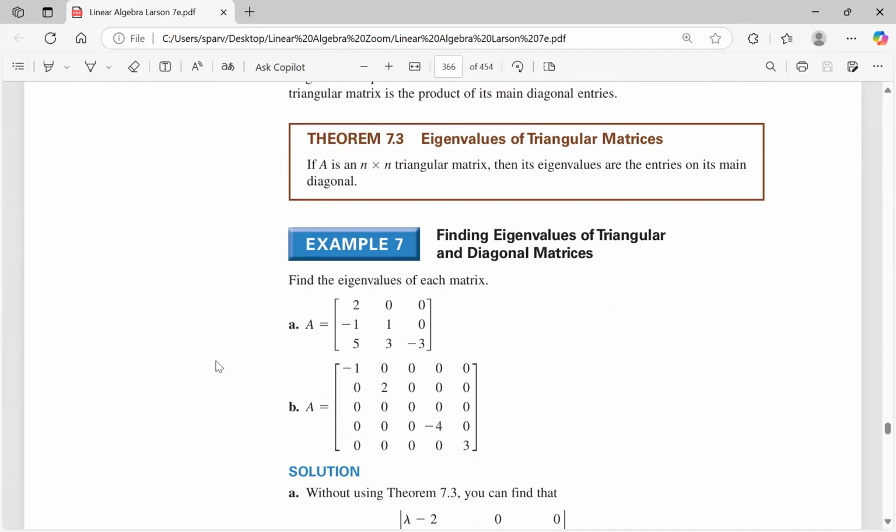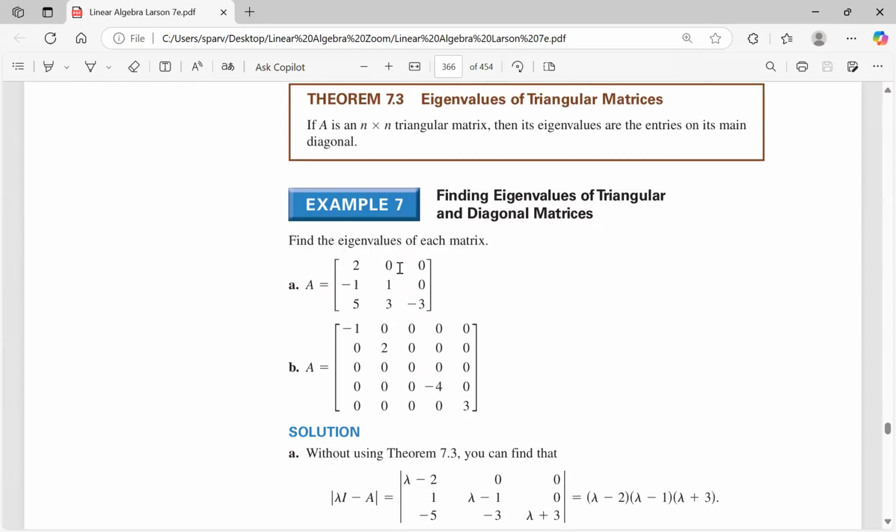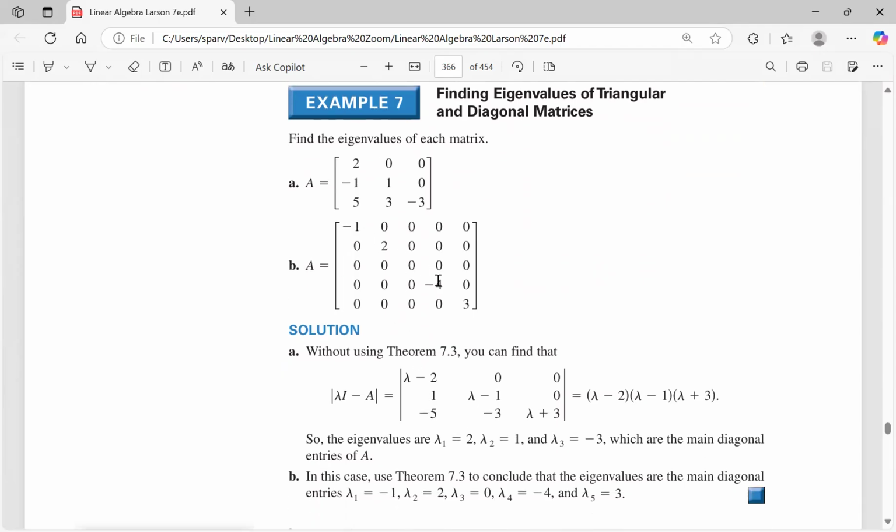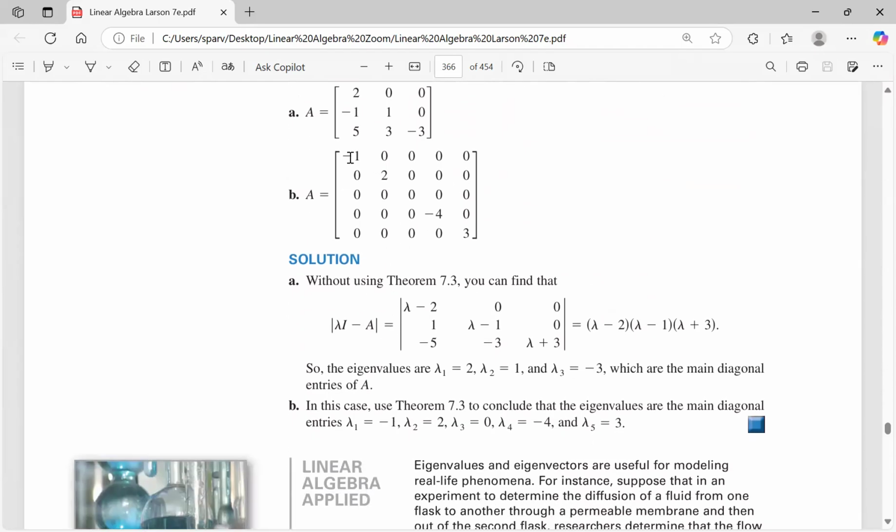If you have a triangular matrix, remember, a triangular matrix has zeros above or below the main diagonal, then your eigenvalues are simply the diagonal elements. For a triangular matrix, and also for matrices that have zeros above and below, the eigenvalues are going to be -1, 2, 0, -4, and 3.